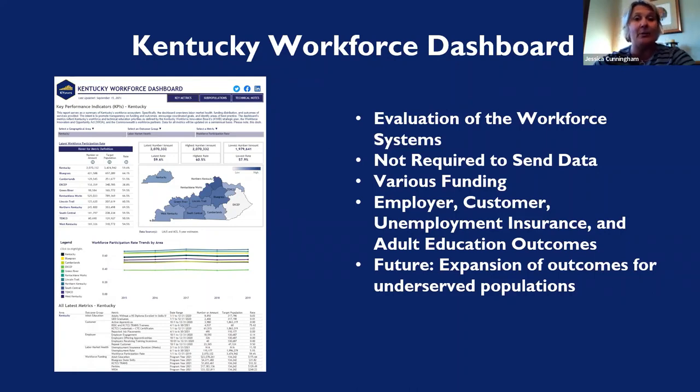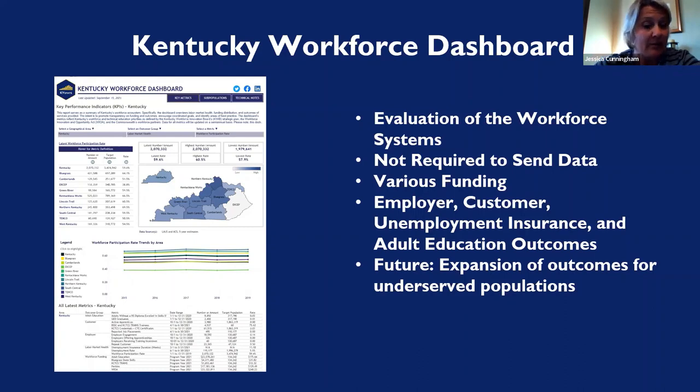The outcome groups included in this dashboard are labor market health, which includes things like workforce participation rate, UI duration, and UI rate, and you can drill down to your specific local workforce area. We also have adult education metrics, which include your GED, graduation rates in those areas, and the percent of adults without a high school diploma.